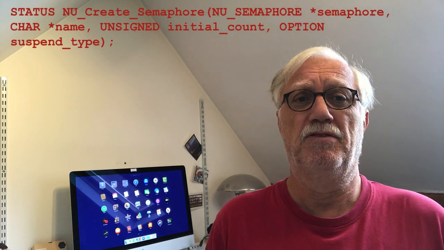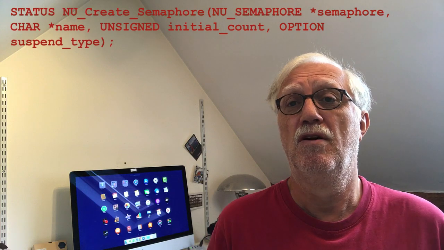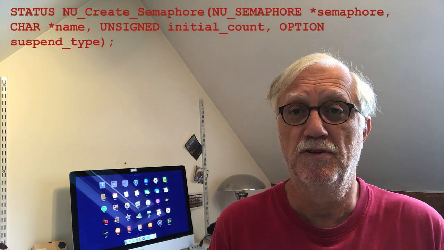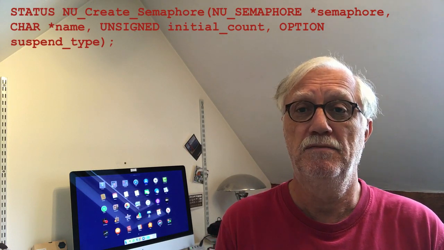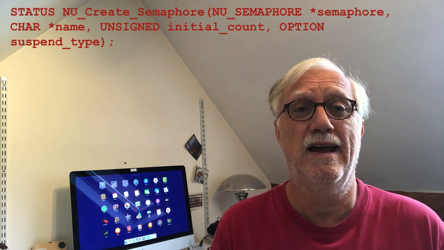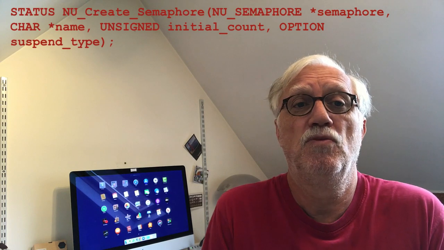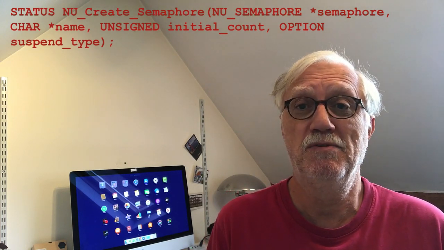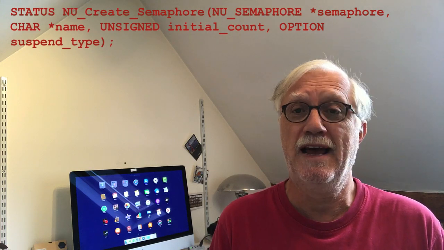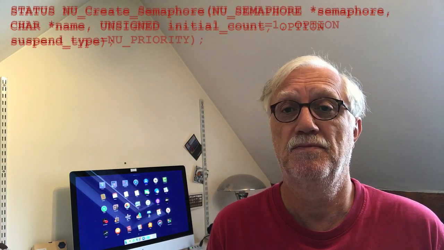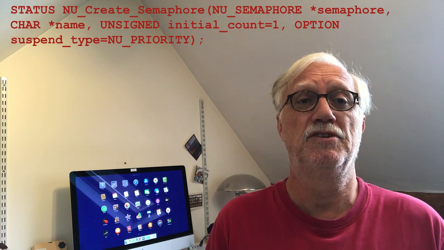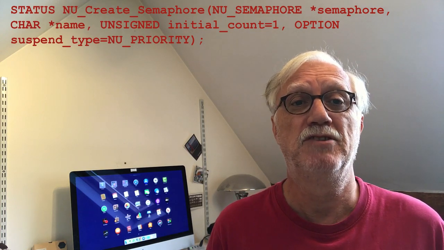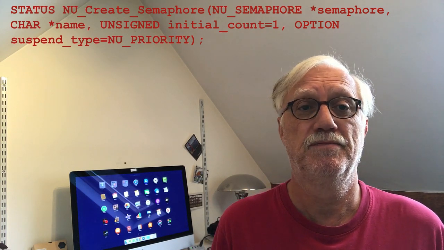Now, it turns out that it's not uncommon for most semaphores in an application to be binary semaphores, so you want an initial count of 1, and it's quite likely that the suspend type will be priority. So what we can do, in C++ anyway, in the prototype, is add those values. Here we see we've set the initial count to 1, and we set the suspend type to priority.